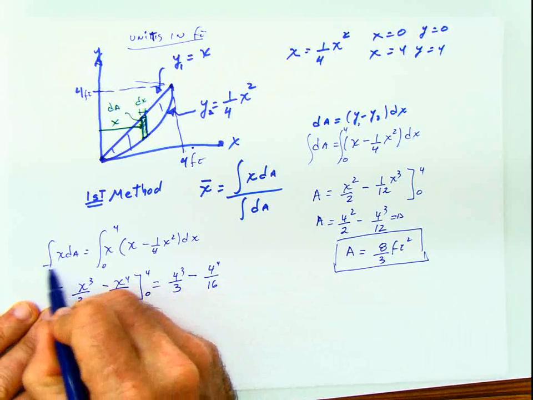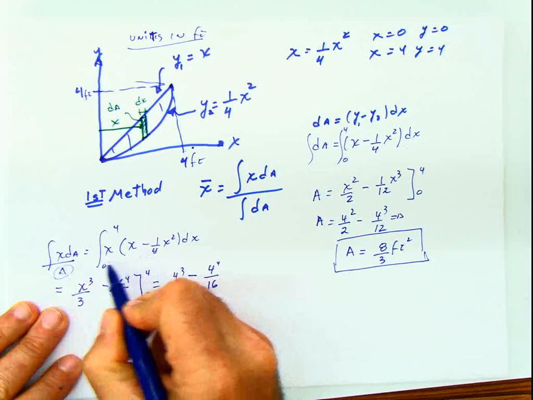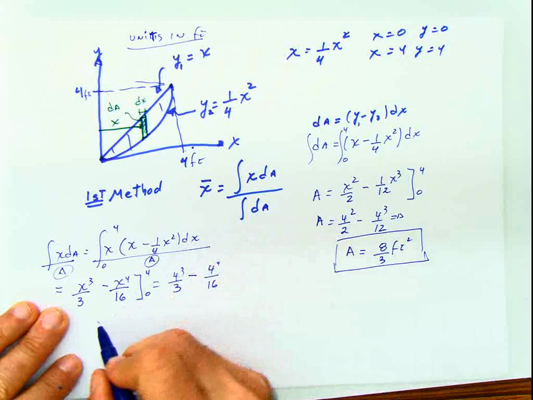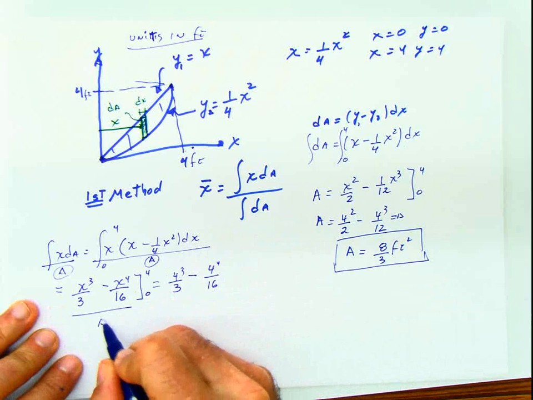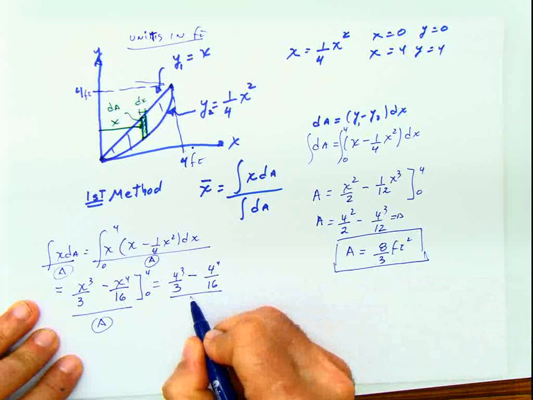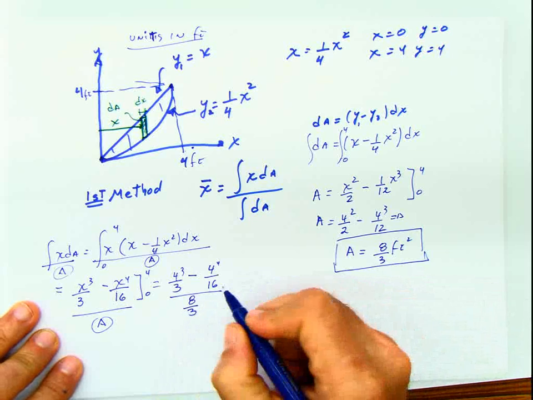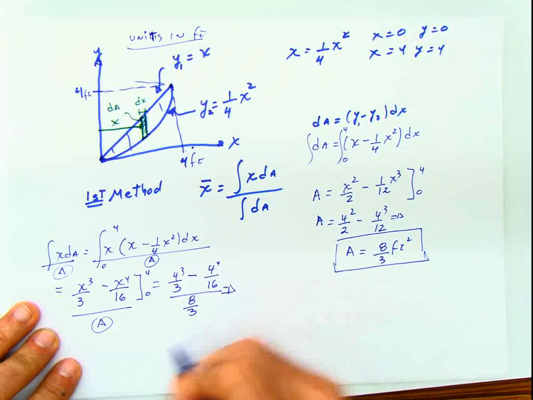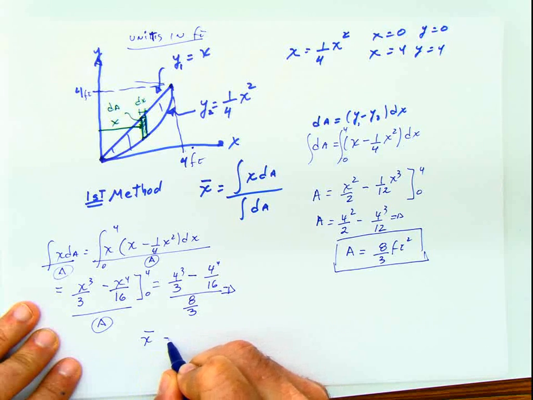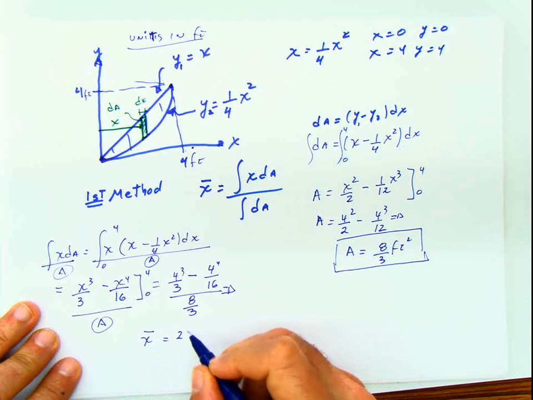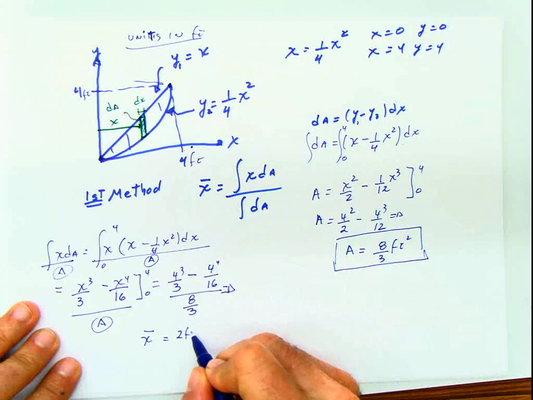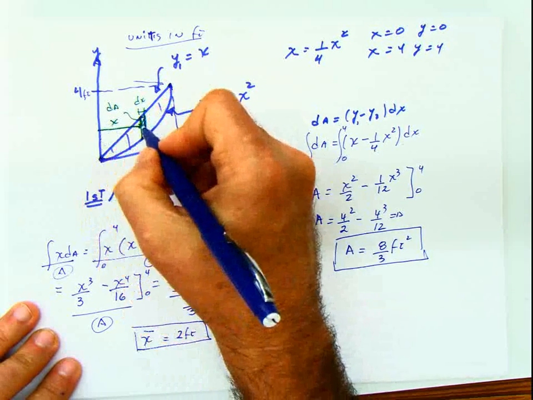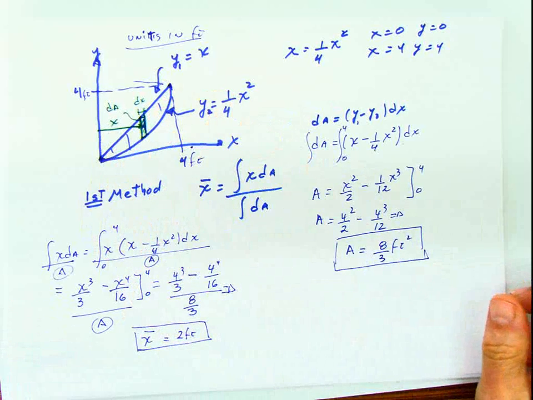And remember, the integral of dA is the area, so I'm going to divide this by the area, and my area is 8/3, meaning the location for the centroid in x is going to be 2, and if we say that our units are in feet, then this is going to be 2 feet.